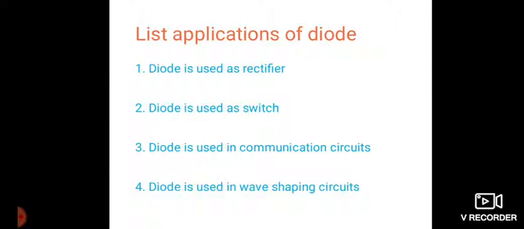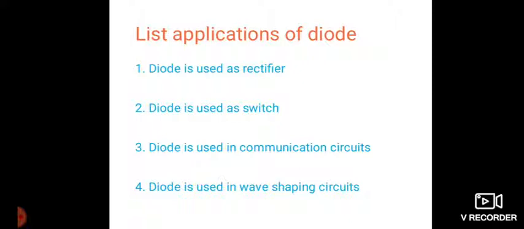That is, the signal which changes its direction on alternate sides, from positive to negative frequently, is converted into DC. The DC signal has only one side, either positive or negative. It will not fluctuate between positive and negative. How the diode can be used as a rectifier we will see in the next slides.